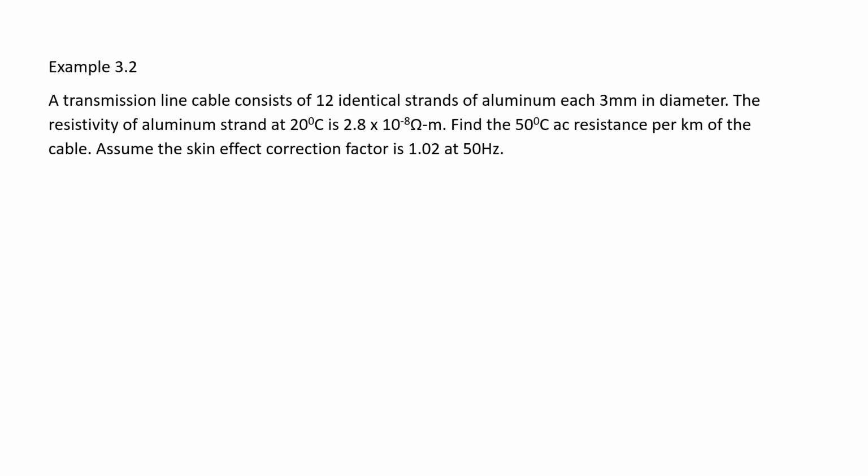So in this case, if we draw the conductor here, this aluminium conductor has, we assume the length of the conductor is 1 kilometer because we need to find the AC resistance per kilometer. Okay, and inside here, this conductor has 12 identical strands. So it has 12 strands.